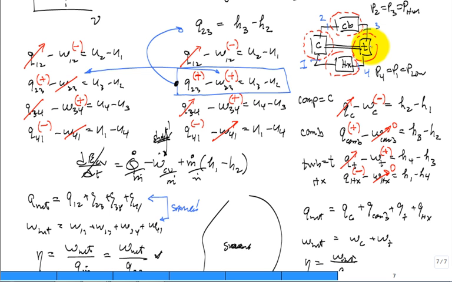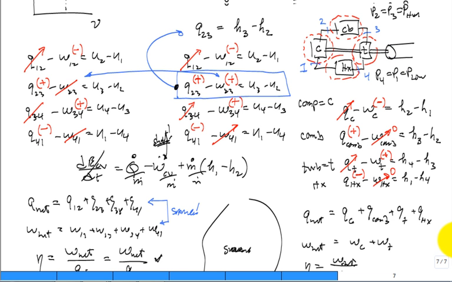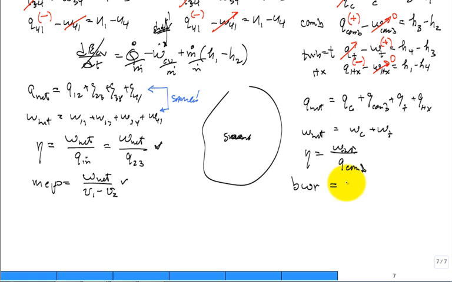If you're making electricity, the surplus goes out to run the generator. But the back work ratio is the work that goes back to feed the compressor, you might want to put a negative sign on it to get rid of the negative sign, divided by the work that the turbine produced.